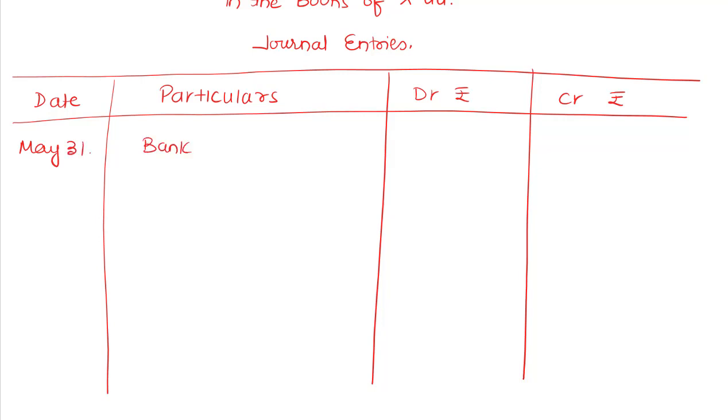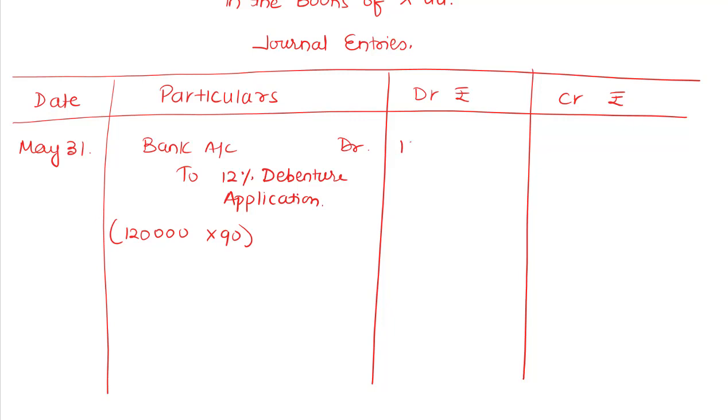May 31, bank account debited to 12% debenture application, 1,20,000 debentures into 90 each, 1 crore 8 lakhs.